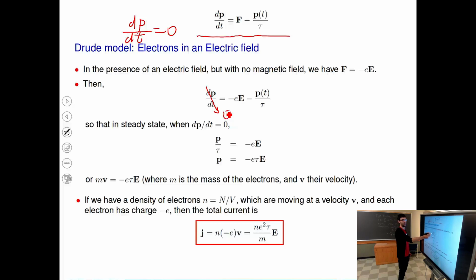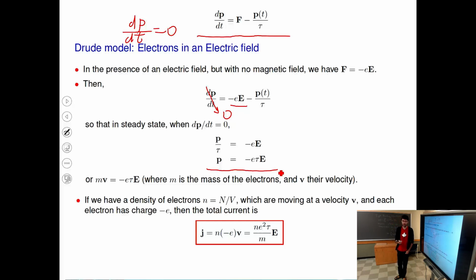So for a steady state solution, you just put this to 0. And now we also plug in the electric field. We'll start by looking at what happens with the electric field. A steady state solution is that the average momentum of this system is not 0.